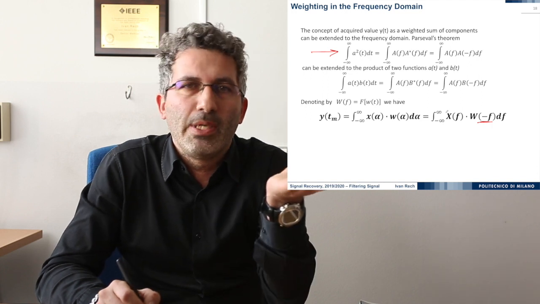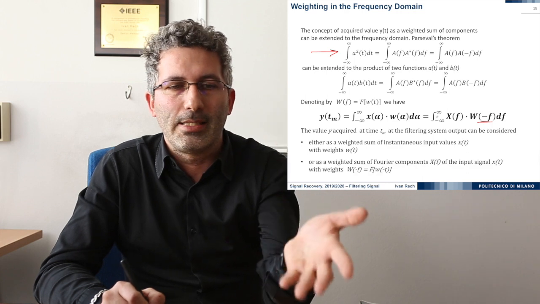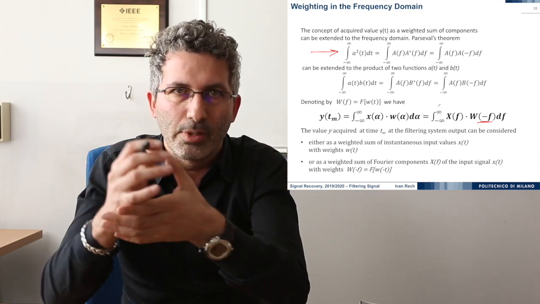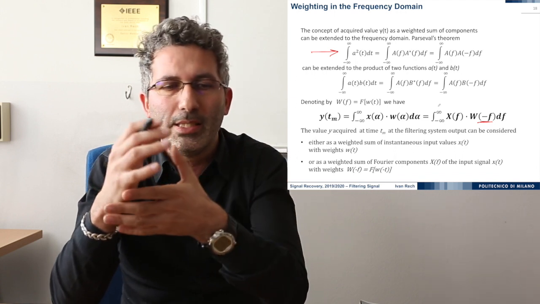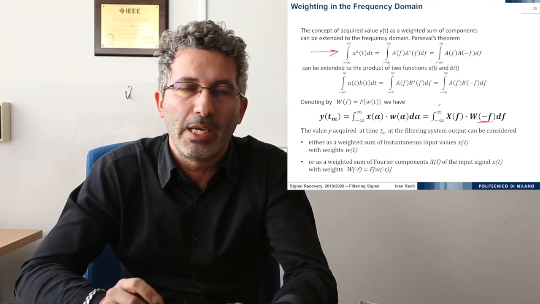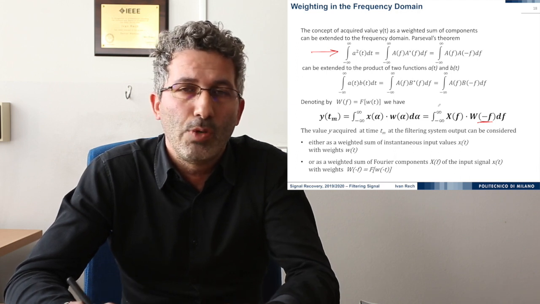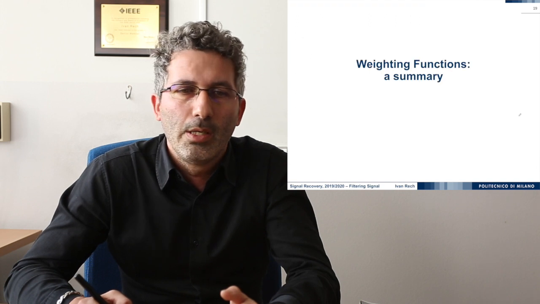So it means that we can calculate the output both as a sum of the weighted instantaneous input in the time domain, or as the weighted sum of Fourier components in the frequency domain. From the filtering point of view, we will use both these situations because both are important for our work.